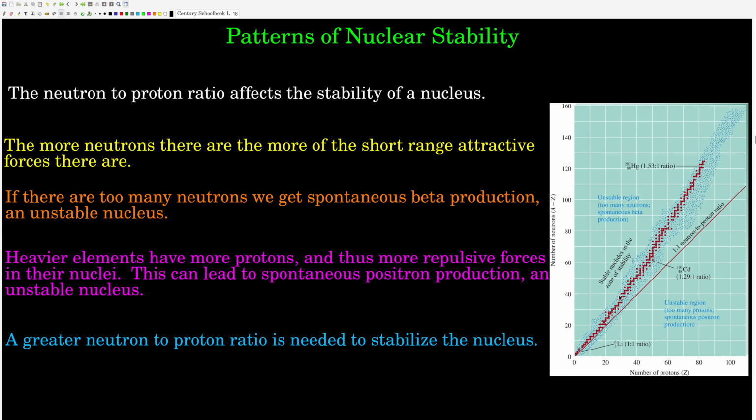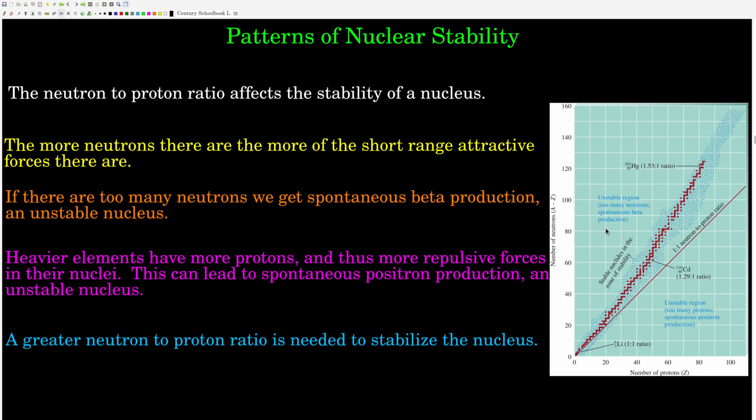If an isotope is outside of this band of stability, then it's going to be unstable and it will decay. And this is a useful thing to know. If it's in this region out here, if the neutron to proton ratio is too high, it has too many neutrons, and one of the things it tends to do is decay spontaneously by beta production or beta emission.